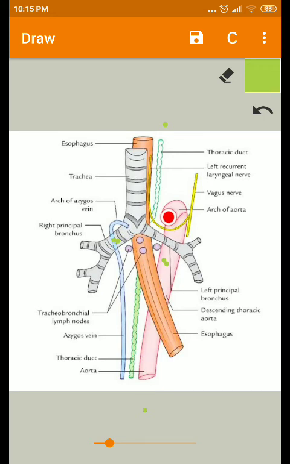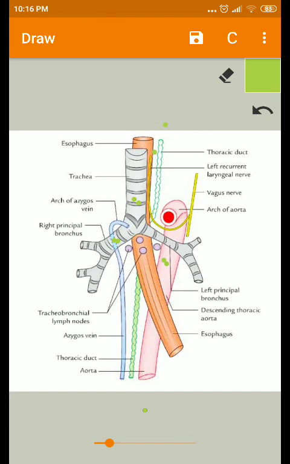Pressure over the trachea causes dyspnea, a difficulty in breathing, and causes cough. And pressure on the esophagus causes dysphagia. Difficulty in swallowing is dysphagia. So all these are caused due to some growth inside the mediastinum.